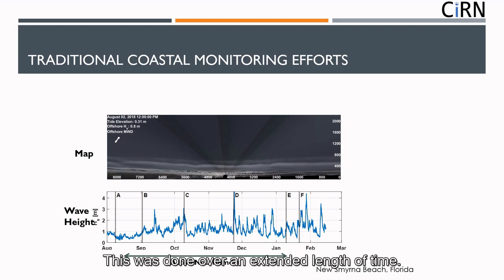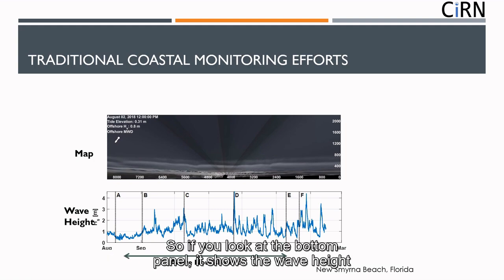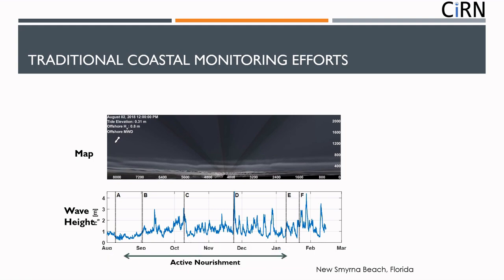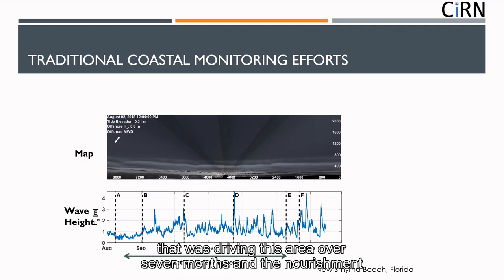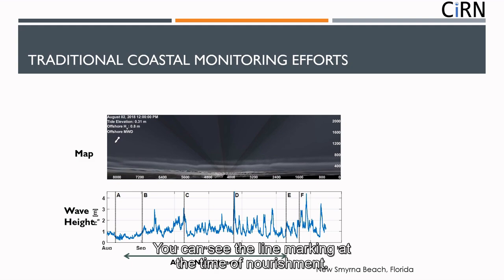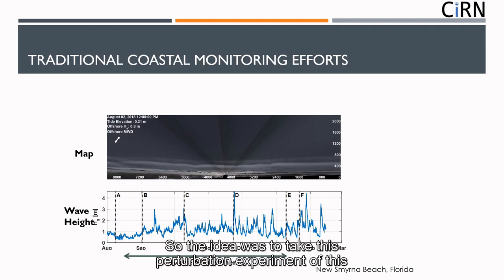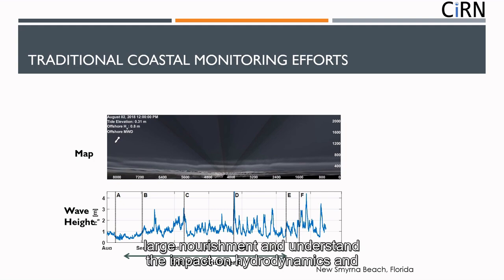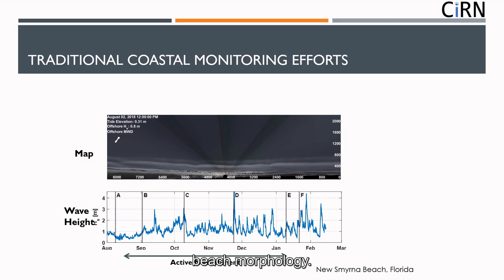This was done over an extended length of time. The bottom panel shows the wave height that was driving this area over 7 months, and the nourishment itself took about 5 months. You can see the line marking the time of nourishment. So the idea was to take this perturbation experiment of this large nourishment and understand the impact on hydrodynamics and beach morphology.